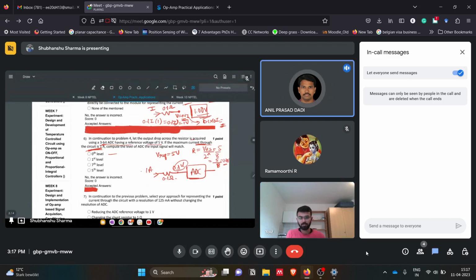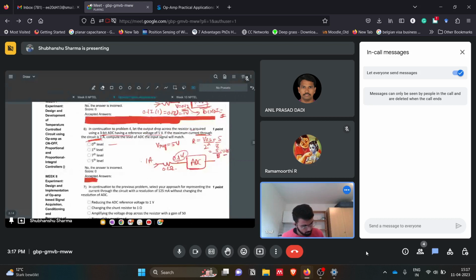Because my reference voltage is 5 volts, can I have fewer than 8 levels? No. Even if you have a lower reference voltage, the levels will be the same 8, but the voltages will be different. Okay, say we have a 5 volt reference voltage, but now we have 5 levels.